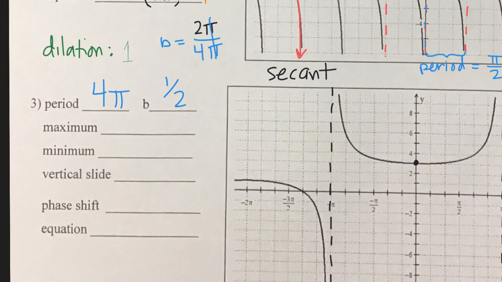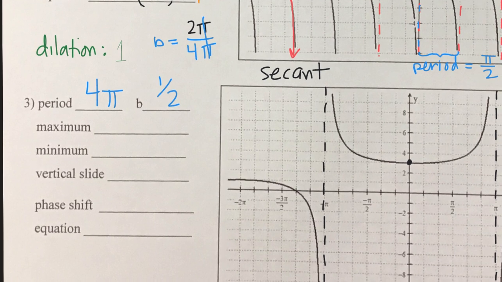Okay, now the maximum point. This right here is a local maximum. So the maximum point is going to come from the bottom of your U. So this is kind of the range: negative infinity, and the maximum point is positive 1. Okay, so that's the range of the bottom half of your secant graph.